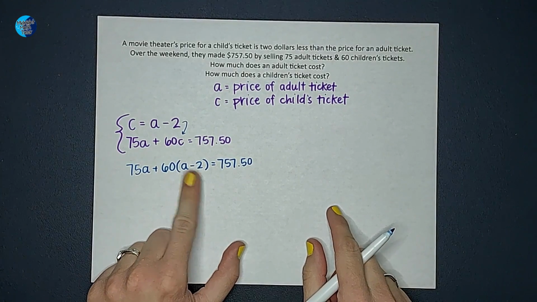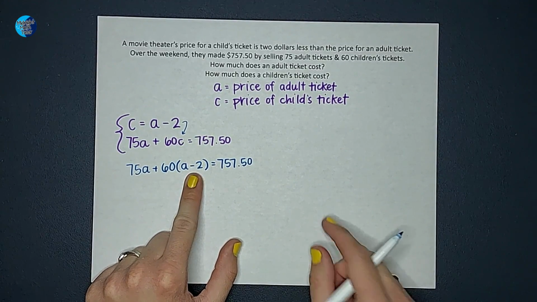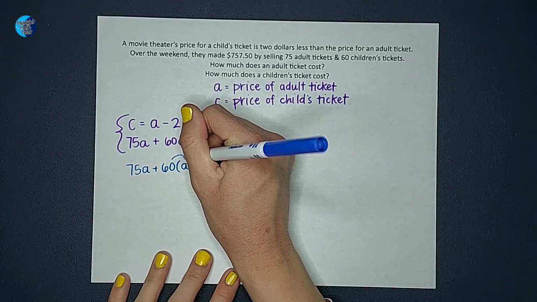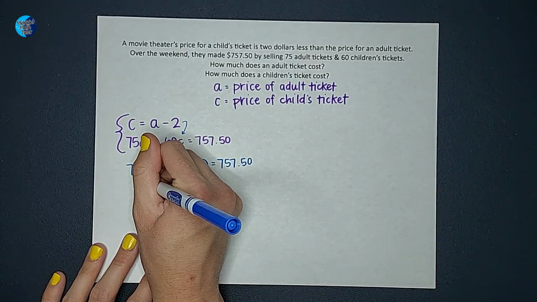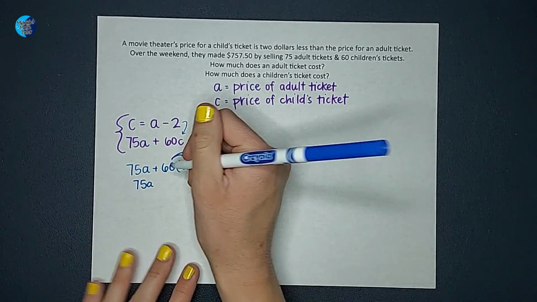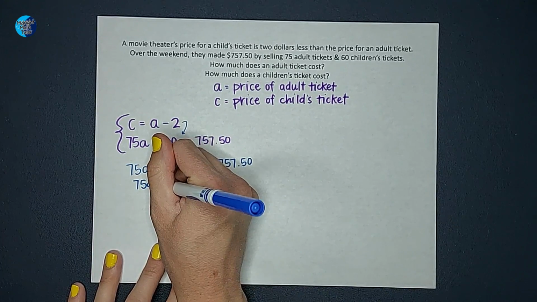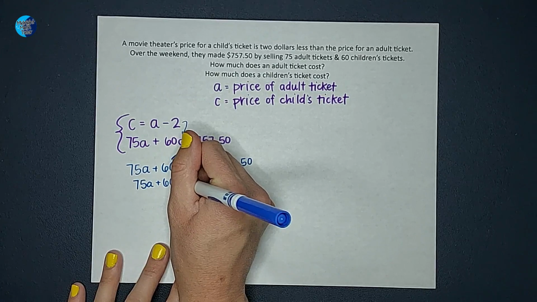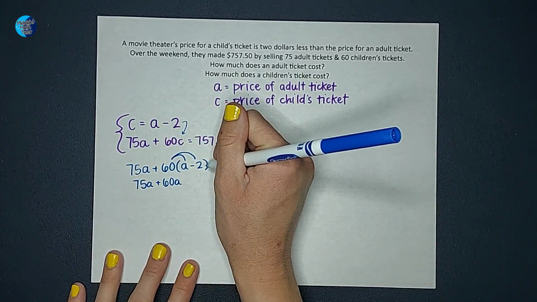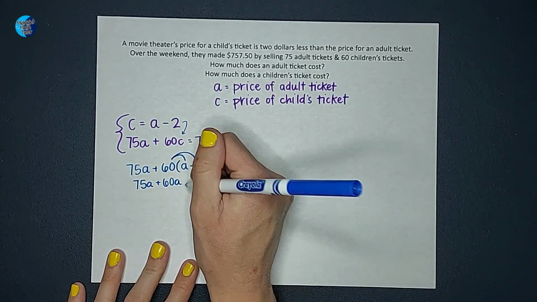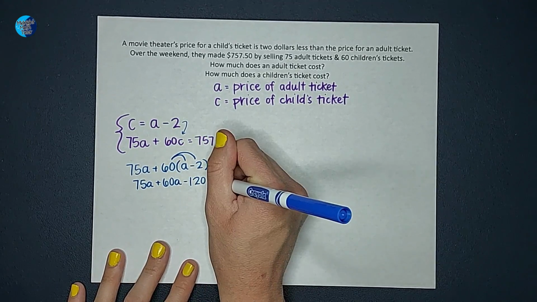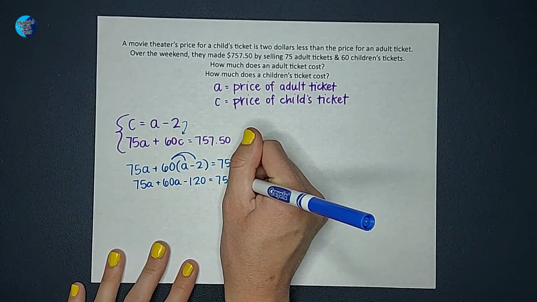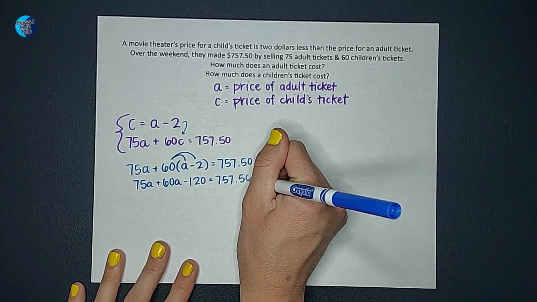I always start with my parentheses. These aren't like terms, so I can't subtract them, but I can distribute the 60 in. So I'm going to have 75A. 60 times A just gives me 60A. And 60 times a negative 2 is going to be negative 120 equals 757.50.